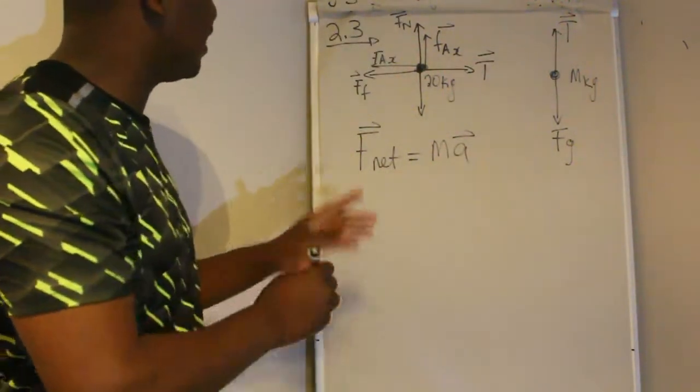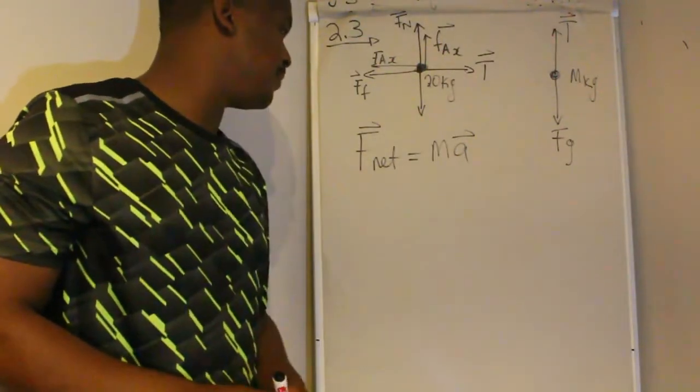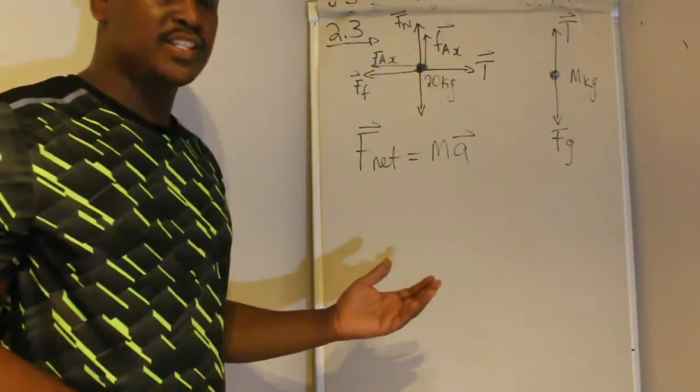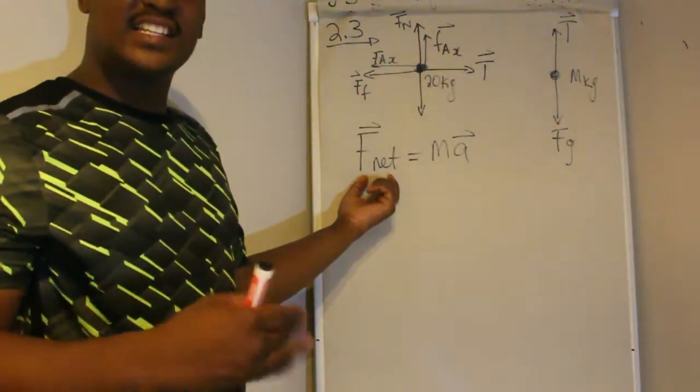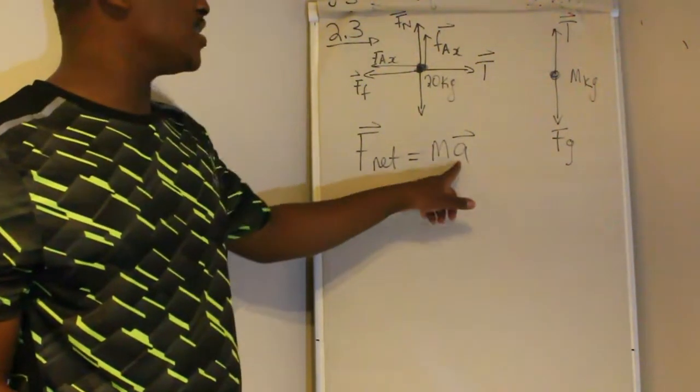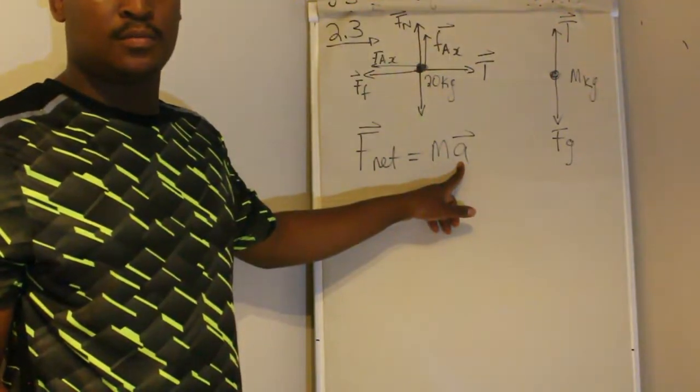Force is a vector and the acceleration is a vector. So what Newton 2 is saying is that a net force acting on an object will cause the object to accelerate.